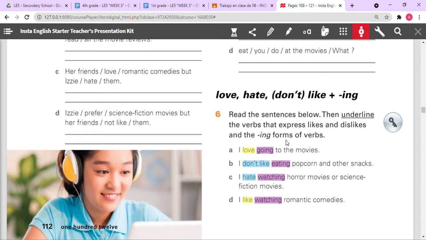I don't know, let's see. John hates watching romantic movies. Or for example, my father likes, no, remember, likes Western movies. Some examples, okay? Likes and dislikes, positive and negative.